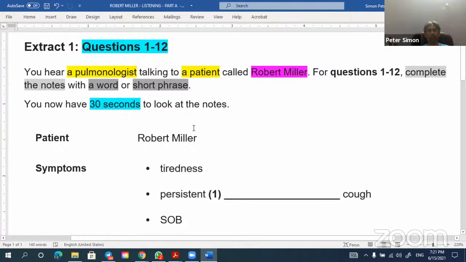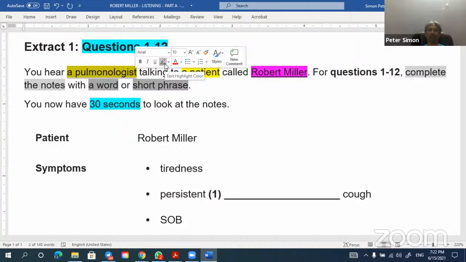Nothing important. Only one thing which is important is Robert Miller. Number one, this is very important. So control U, underlining. I'm underlining that. And next one, pulmonologist is important because this is related to pulmonary. Okay, pulmonologist.